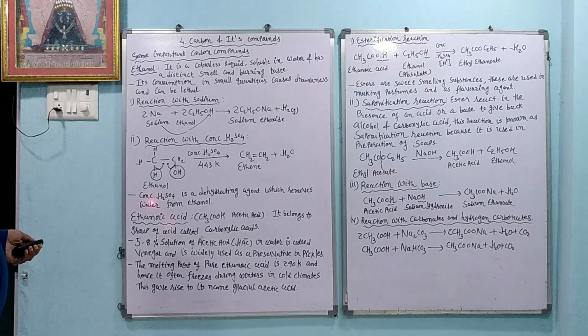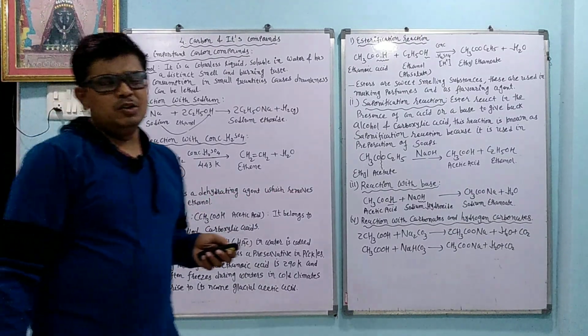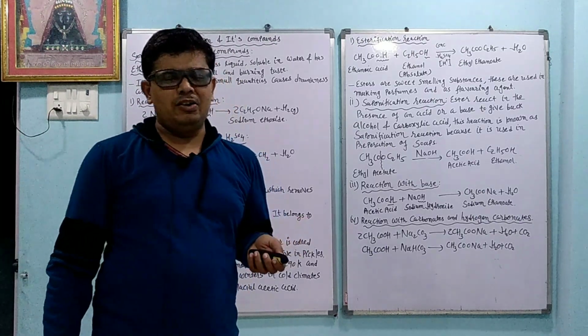So when ethanol reacts with concentrated sulfuric acid at 443 Kelvin, the H and OH are removed from the two carbon atoms as H2O, and the remaining electrons form the double bond. Concentrated sulfuric acid is a dehydrating agent which removes water from ethanol.